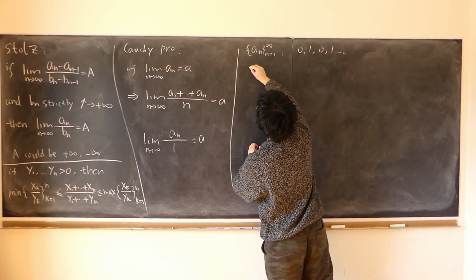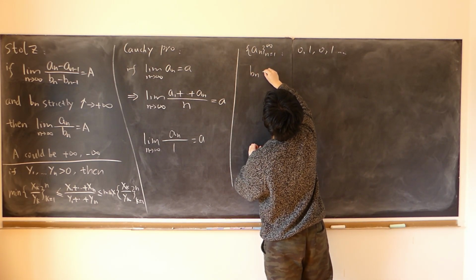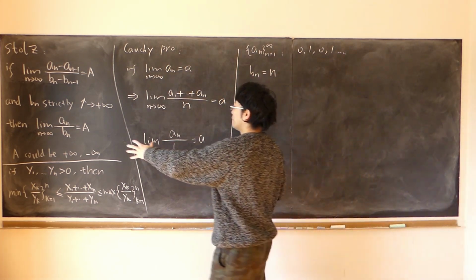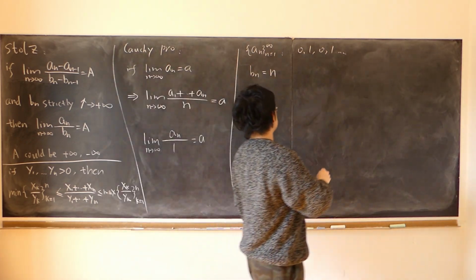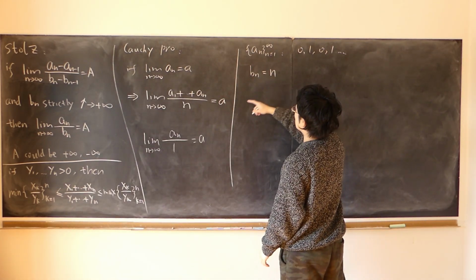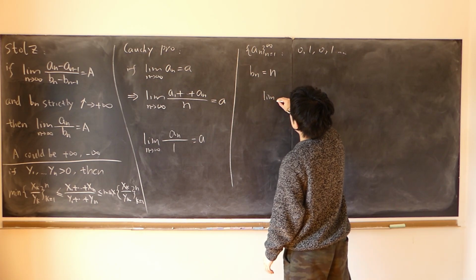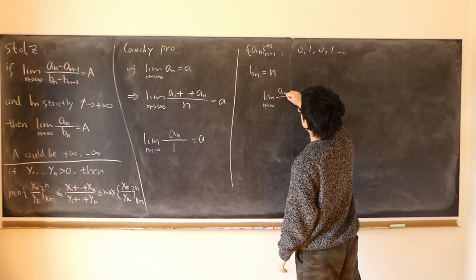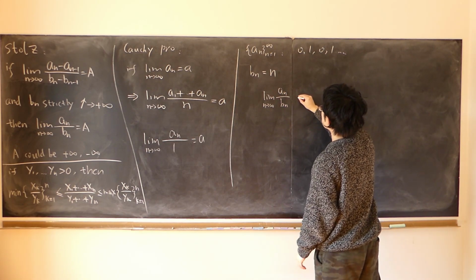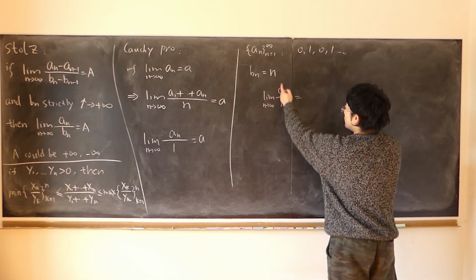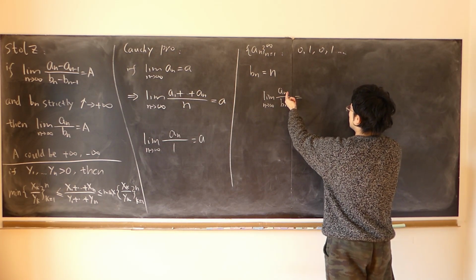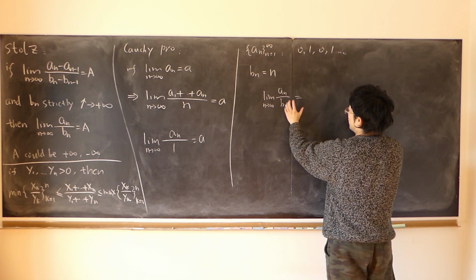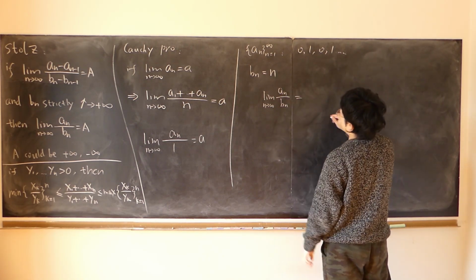And let's say bn is equal to n. Right? Now, this limit exists, right? So does an over bn? What's the limit of an over bn? First of all, bn approaches infinity, and an is a bounded sequence, right? A bounded sequence over positive infinity, of course, approaches 0.